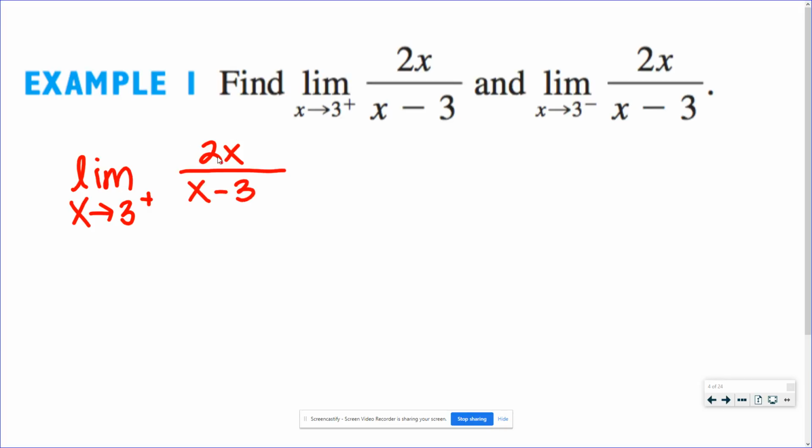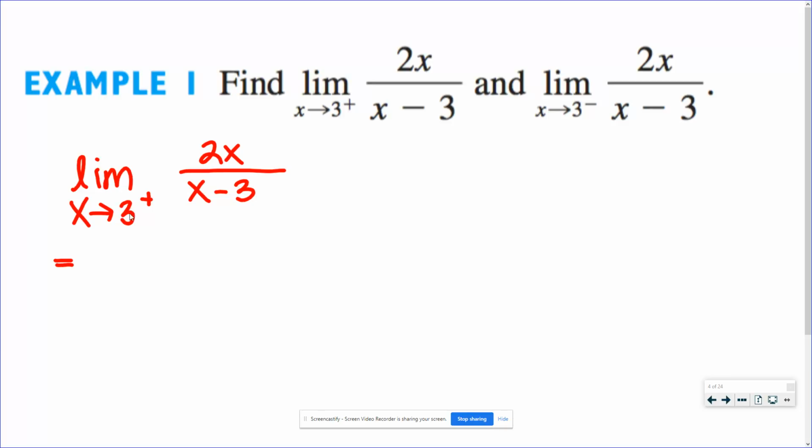Now what we would have done in the past is we would have just done plug and chug, right? But in this case, plug and chug is not going to work because then you would get 0 in the denominator. Okay, so instead what I'm going to suggest you do is more of a hypothetical plug and chug.